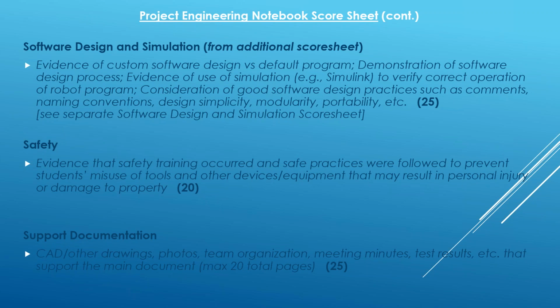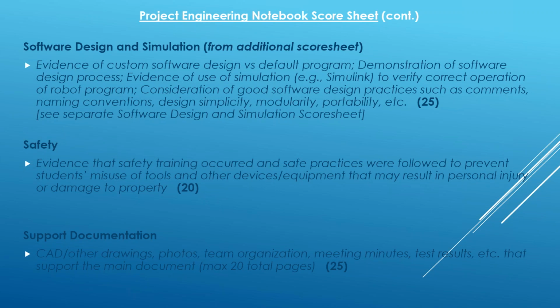The next category is safety. We can't emphasize that one enough. We want to see evidence that your safety training occurred, that you did document the training that you were going to present, and we want to see that you're using safe work practices. One kind of pitfall related to this one is if you've conducted safety training and it says that anytime you're using power tools you will wear safety glasses, and then you've got 6 or 7 pictures in your notebook that show people cutting plywood without safety glasses, we're not going to score you real high on this category.